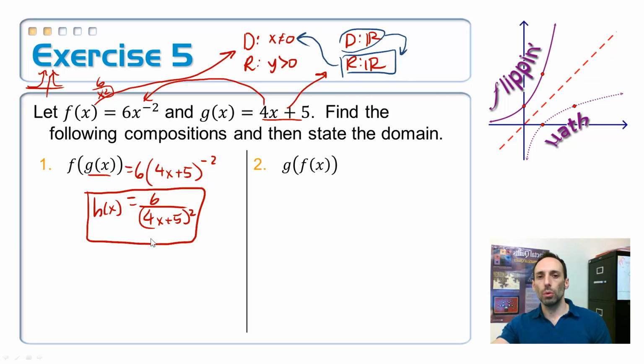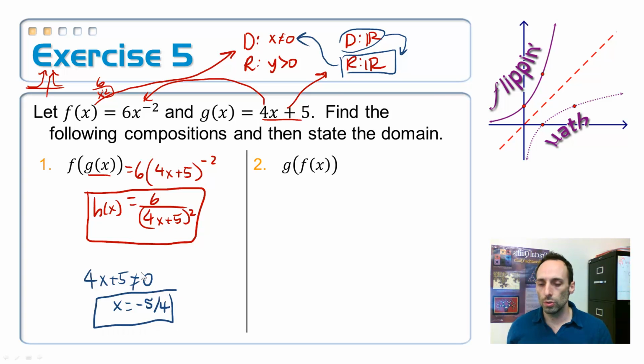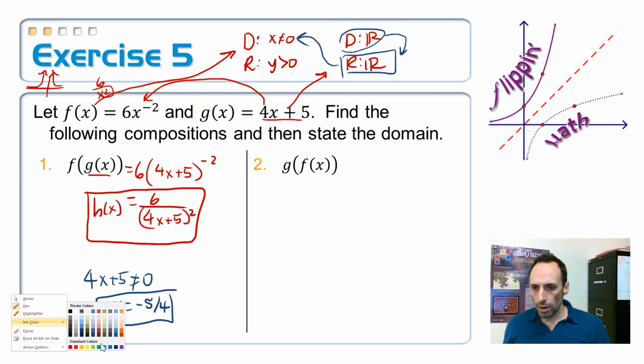And that's exactly what we do whenever we were trying to find the domain of rational functions. We took that bottom and we're like, oh, 4x plus 5, that cannot be equal to 0. And so x is not equal to negative 5/4. So there's the new domain. And that's something that we've looked at before, but here's a new way of looking at it in terms of composition.